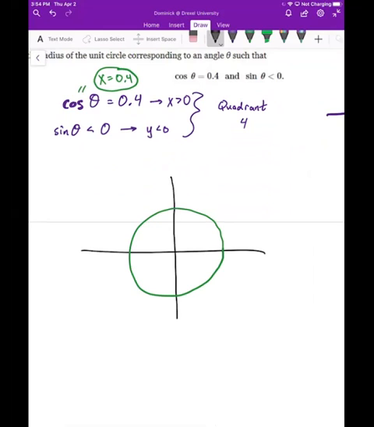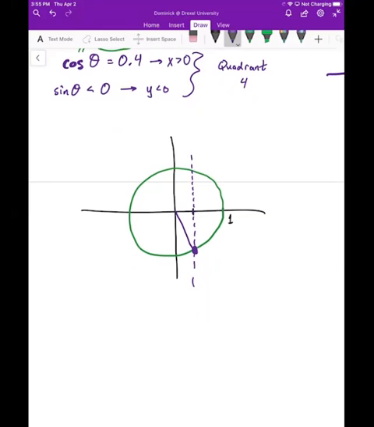Right? So again, my radius is 1. So 0.4 is going to be somewhere a little bit less than half. Right? So if we were to eyeball it, we should assume that this is the radius. All right, but we can do better than that.